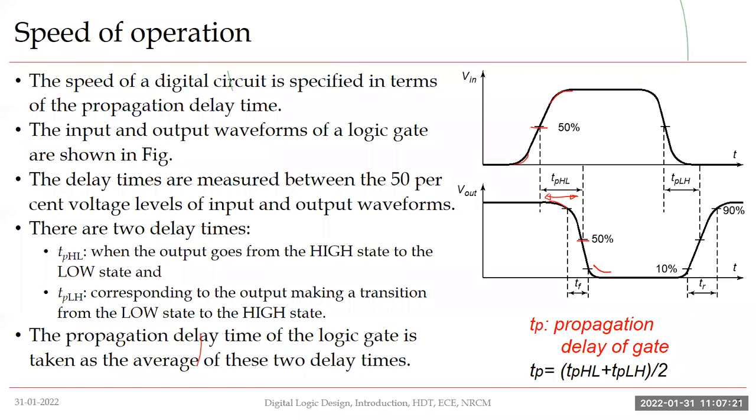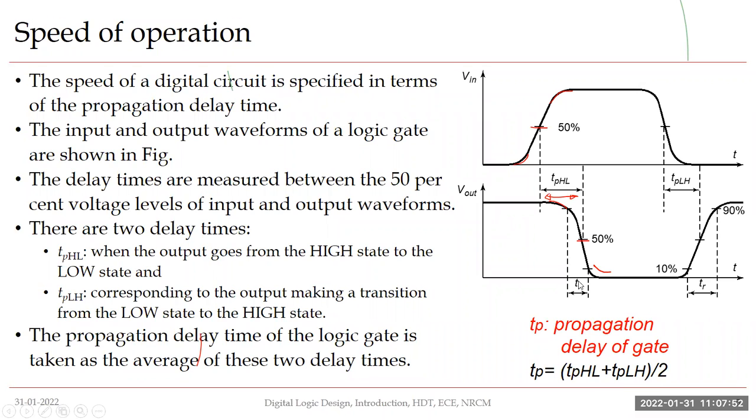So here the input again changed by 50% and the output changed by 50%. The difference between those two is called the propagation delay when the logic is changing from low to high, tPLH. The total propagation delay is calculated as the average of these two values.